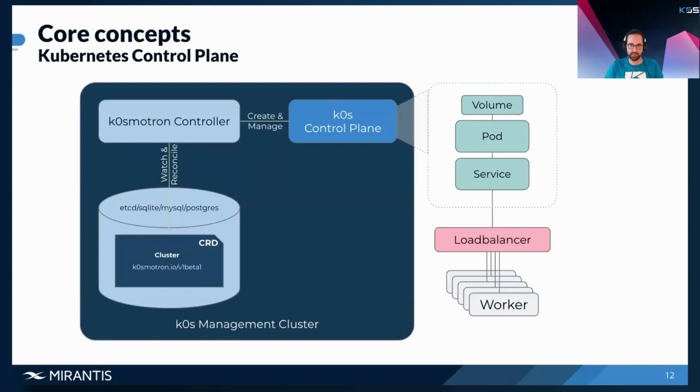And the control plane will be just one pod exposed by a service, and in this case, an external load balancer. So service type load balancer, and we have a volume here. And this volume, I've mentioned that earlier too, can be a persistent volume or can also be an emptyDir. So it's very much up to you.